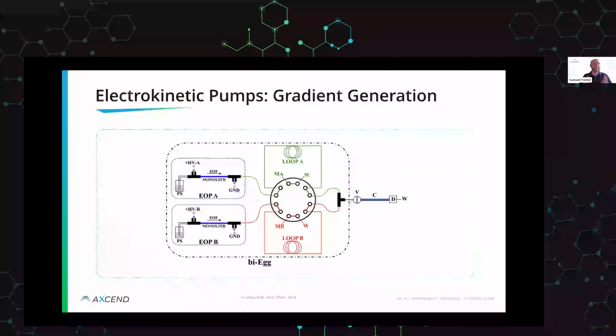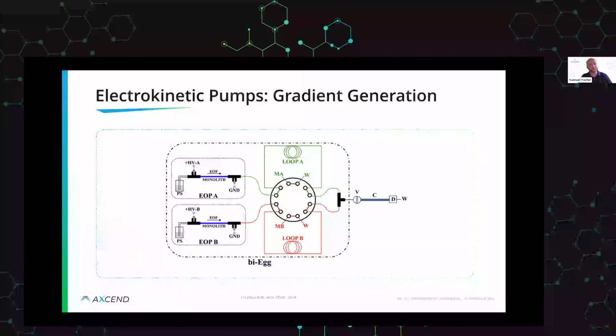Now, similar to pneumatic pumping systems, it is a pressure-based system. It's not necessarily a flow rate-based system. But interestingly, you have to be very careful with how you apply these pumps because they are sensitive to shifts in your mobile phase.